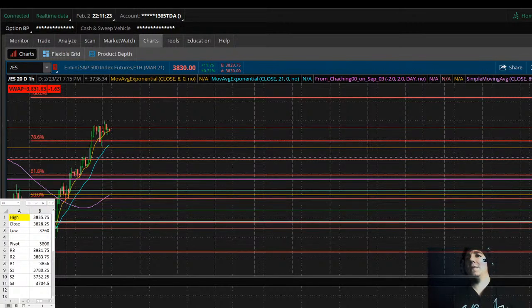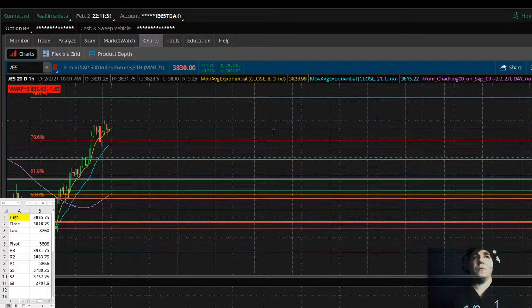So I'm going to start over here with S3. And I have this Excel sheet available in the Discord, and you can use it for any stock or any issue whatsoever.